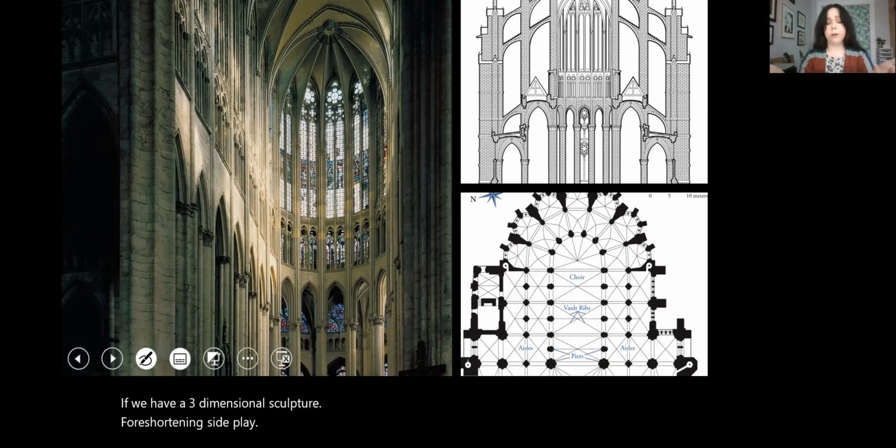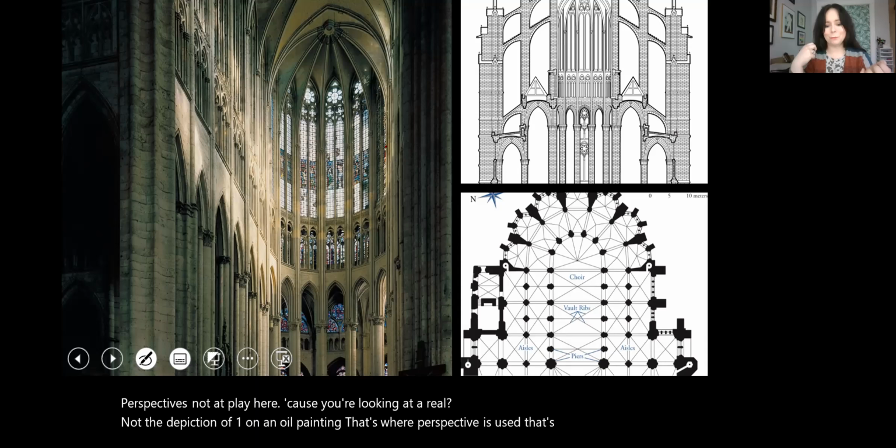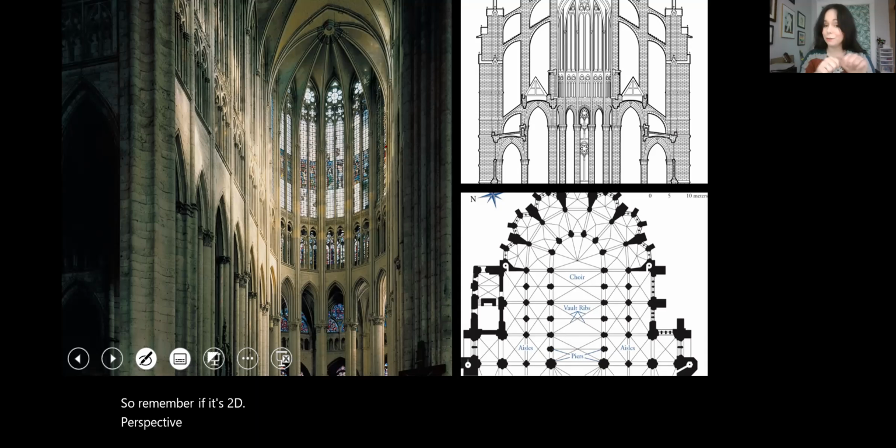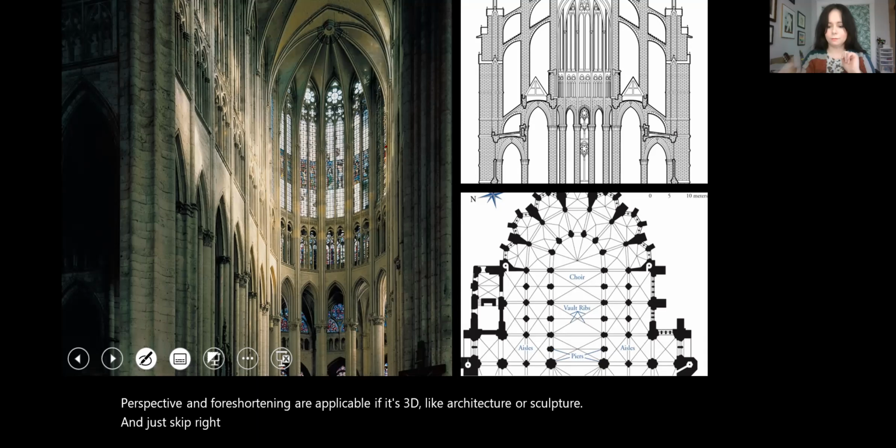If we have the interior of a cathedral, perspective's not at play here because you're looking at a real building, not the depiction of one on an oil painting. That's where perspective is used. That's where foreshortening is used. So remember, if it's 2D, perspective and foreshortening are applicable. If it's 3D, like architecture or sculpture, you can just skip right over those terms.